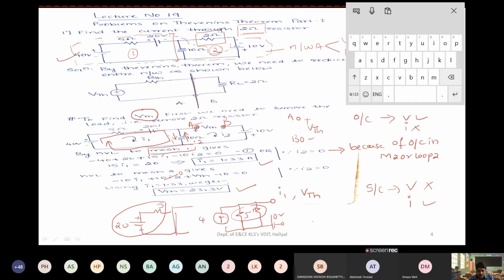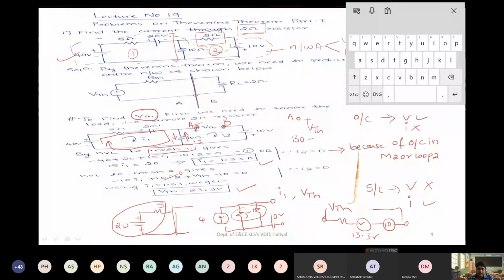So finally you should get something like this. If you convert to one resistor and one voltage source here, and this 10 volt source across VTH, this resistor will be there but no current will flow, hence you can add up these two. So check that it is already 10, means here if you solve you should get around 13.3 volt.